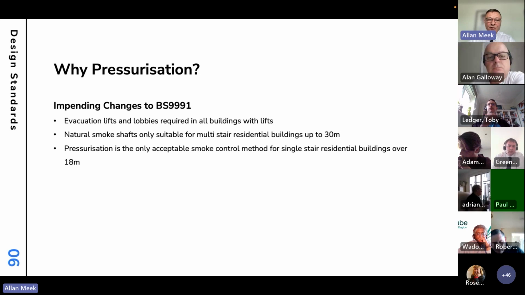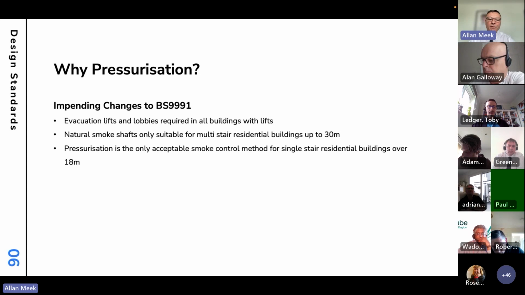But the impending changes to BS 9991, the code of practice for residential buildings, were out for comment last year, and they're in the process of incorporating the comments now with a view to it being published later this year or early next year. And there are some significant changes in that. The main one being that evacuation lifts and lift lobbies are required in all buildings that require a lift.